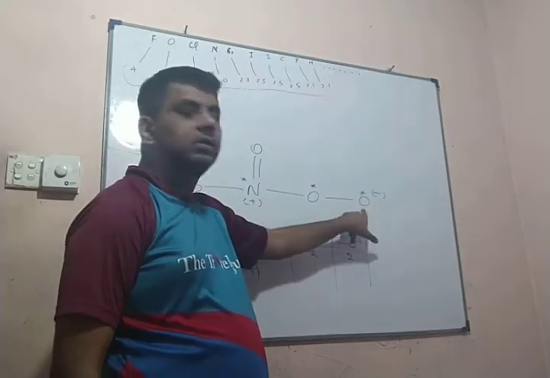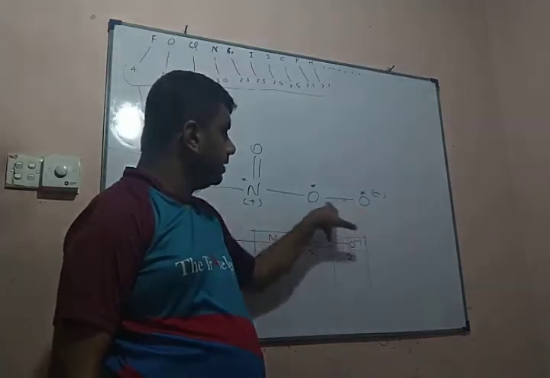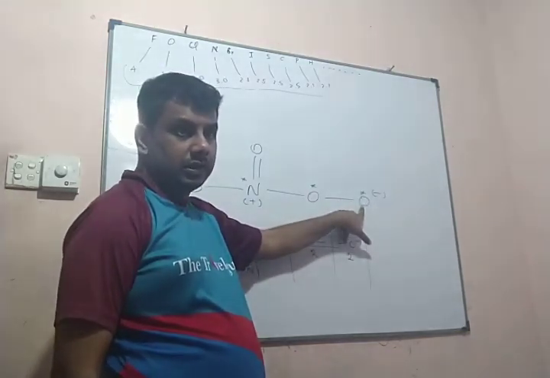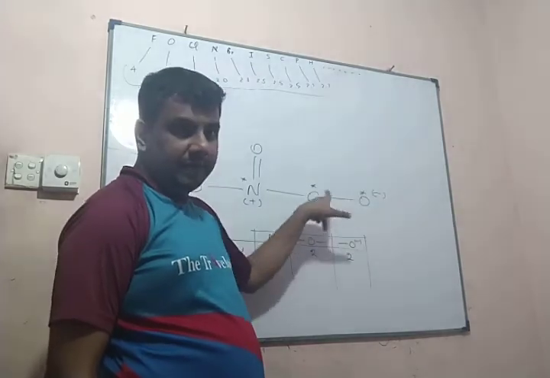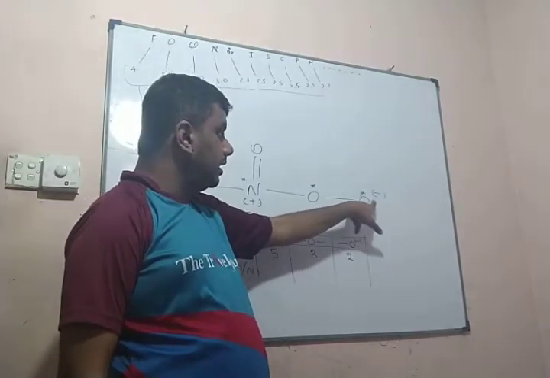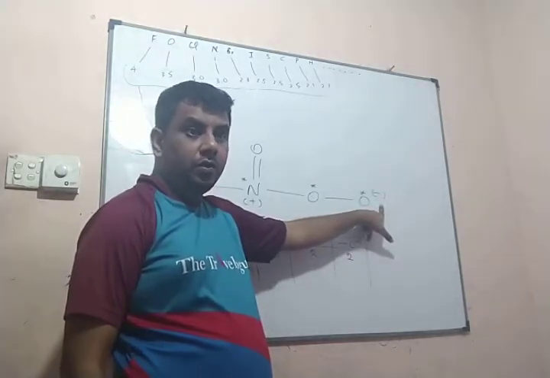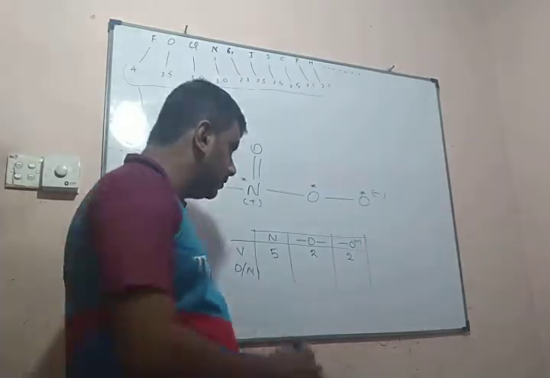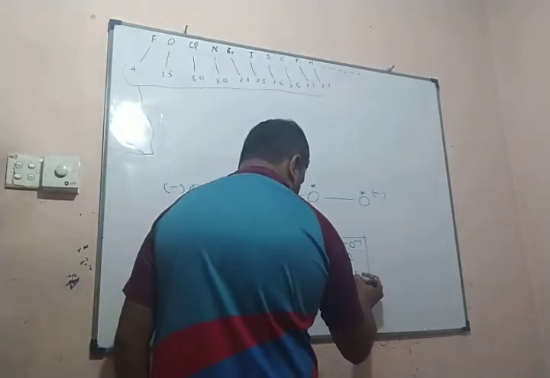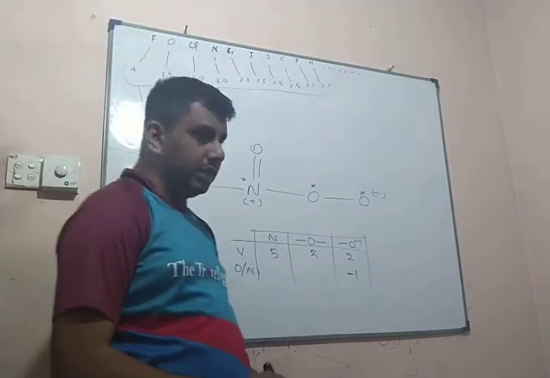And from here, what is the charge? From this side, no charge because same atom. So there is no delta plus delta minus. So the charge is only 1 minus. So the oxidation state is also only minus 1, right? Minus 1, right? Why?